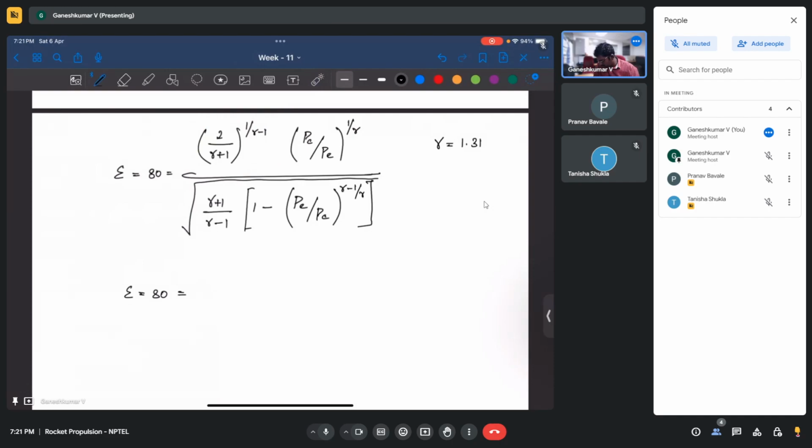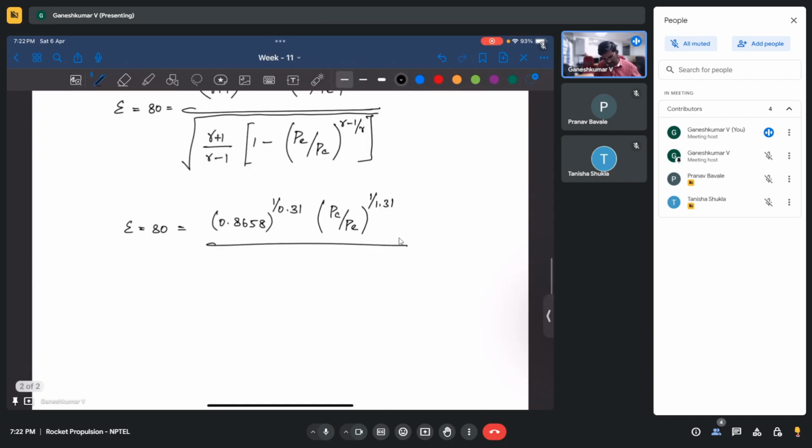So 2 by 2.31 would be something like 0.8658, to the power of 1 divided by 0.31, and multiplied by (Pc by Pe) whole power 1 by gamma, where gamma is 1.31, divided by (gamma plus 1 by gamma minus 1, which is 2.31 divided by 0.31, around 7.4516), into 1 minus (Pe by Pc) whole power 0.2366, the whole square root.